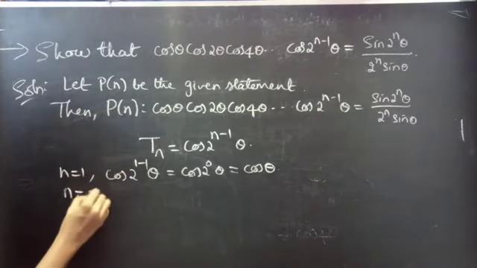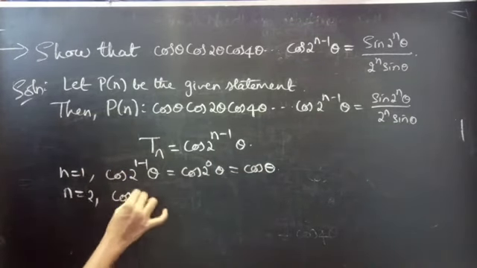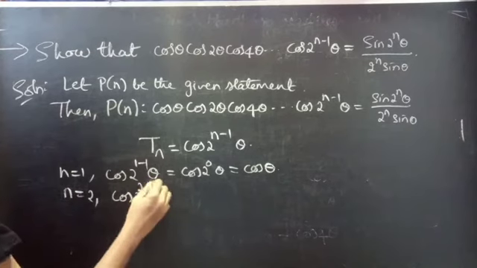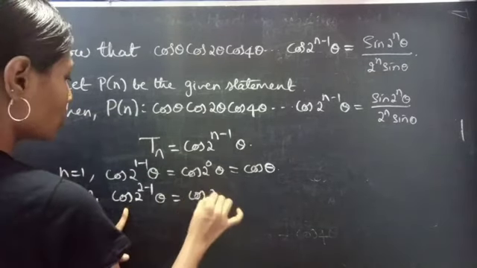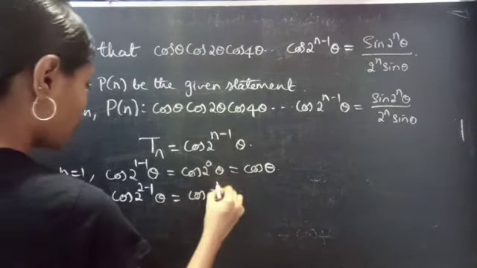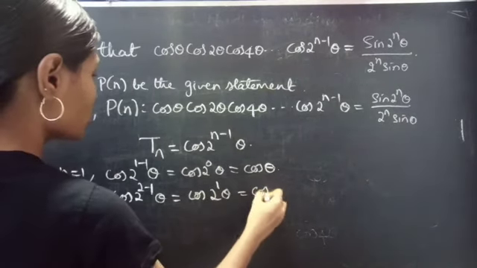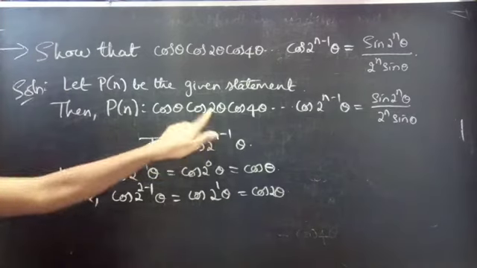Likewise, when you put n equals 2, cos 2 power 2 minus 1 into theta will be cos 2 power 1 into theta, which equals cos 2 theta, the second term.